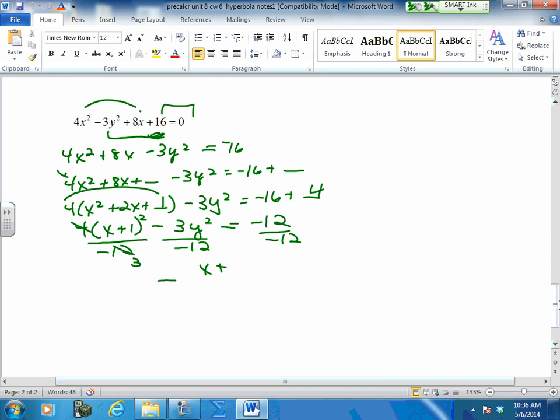So x plus 1 squared over 3. I'm just moving that out to that side. That would be the negative part of it. Isn't a positive divided by a negative a negative? So I move the subtract here. Isn't a negative divided by a negative a positive? So this guy is going to be a 4.